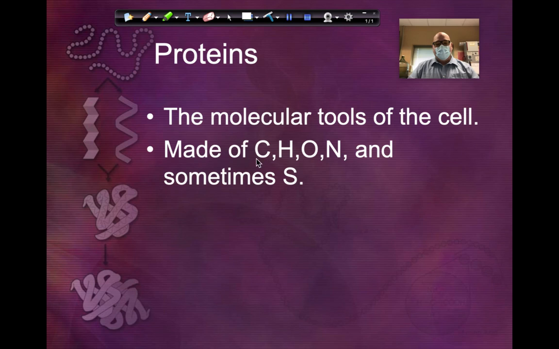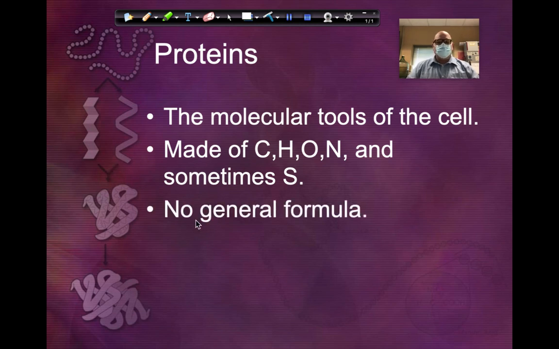These are made of carbon, hydrogen, oxygen, nitrogen, and sometimes sulfur, which makes these really interesting bonds that help proteins fold in particular ways. There is no general formula for proteins because they are so complex, but there is a certain part of the molecule that's the same for every protein.